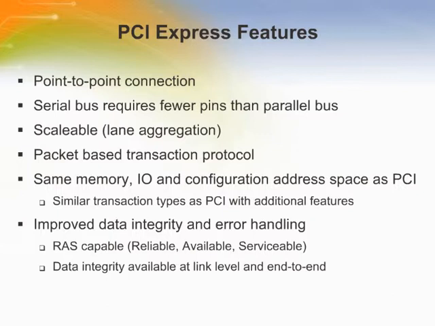The same memory, I/O, and configuration address space is used in PCI Express as was used in PCI. In addition, PCI Express has a higher quality of service with improved data integrity and error handling. PCI Express is RAS capable, and data integrity is available at both the link level and at the transmit or receive level.